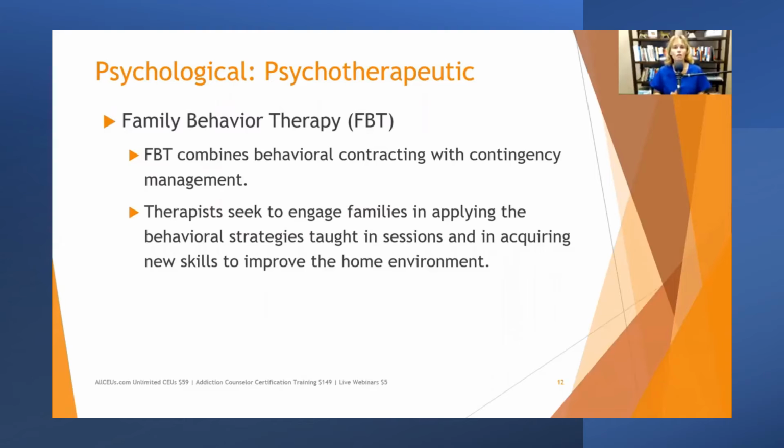When I work with families and we do family behavior therapy, I generally have the contract go both ways. So the person who's the identified patient also holds a contract on the loved one, because loved ones are going to have to change their behavior too.